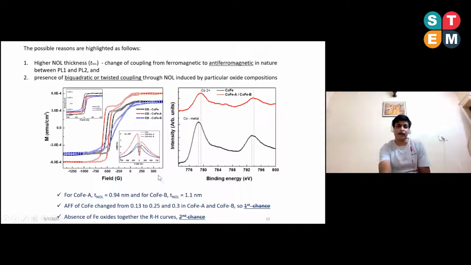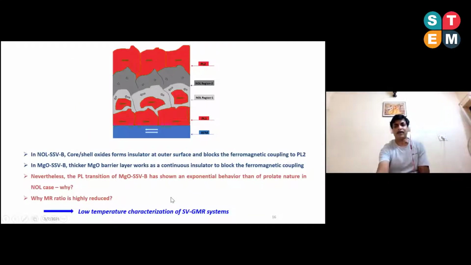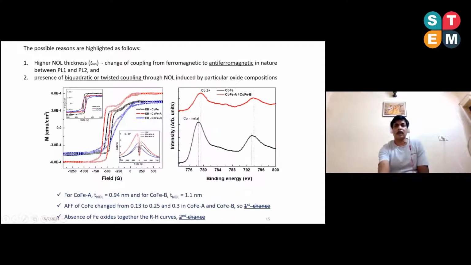Now, what we have seen is that when we did a study with only cobalt iron and copper and cobalt iron and studied their magnetic properties, just as a trial, we saw NOL at 0.94 nanometer, which is a typical thickness, as well as for the TNOL. And when it is the more oxidized system, it comes to around 1.1 nanometer.